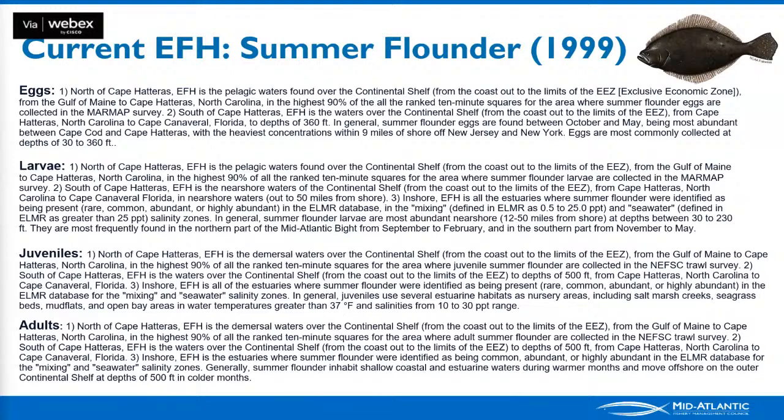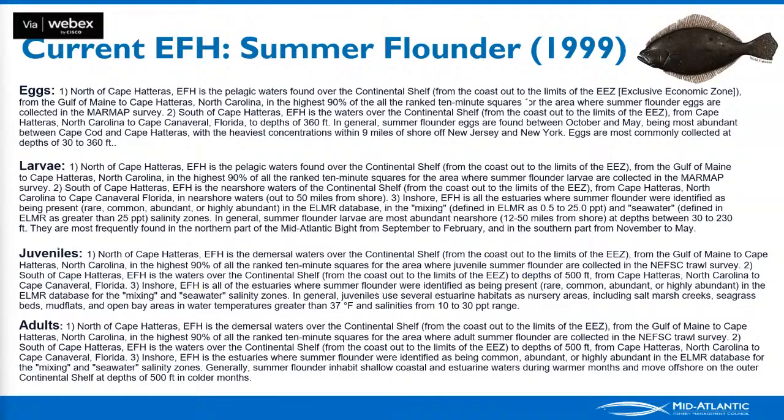It heavily relied on the survey information, the federal trawl survey information, as well as a few other studies like the Estuarine Living Marine Resources database that the National Ocean Service had developed. And that was the tool that helped us in terms of identifying EFH in the inshore.